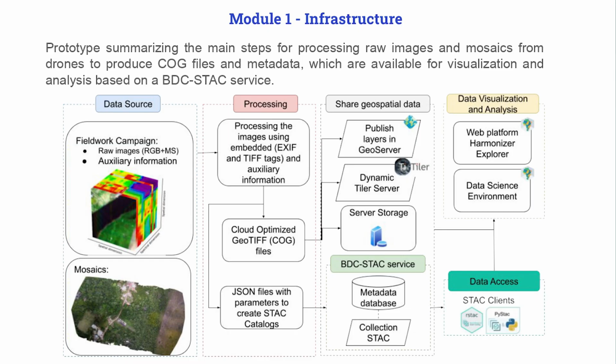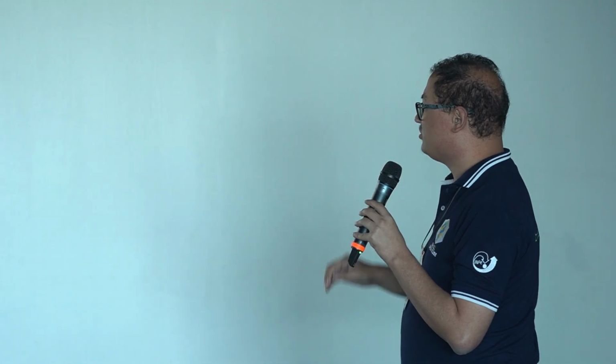We process it on our servers to produce geospatial data and use it to build image mosaics for easy visualization and build image collections. All of them are cataloged using STAC and then stored in our metadata database, and then made available at the data visualization and analysis platform, the HARMONIZE Explorer.